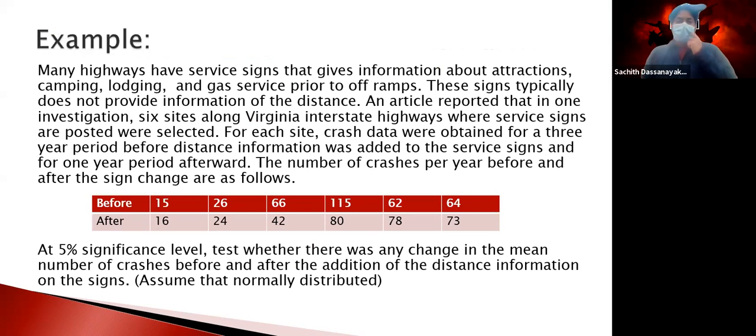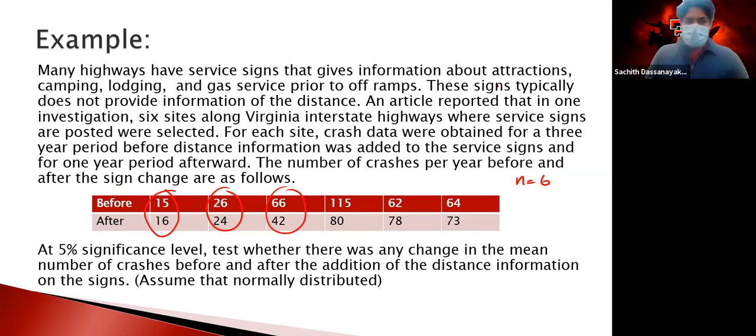Check this example. So you have pairs: 1, 2, 3, 4, 5, 6. So your n is what? N is 6 because you have 6 pairs. Before, after. This is about highway accidents, I guess.